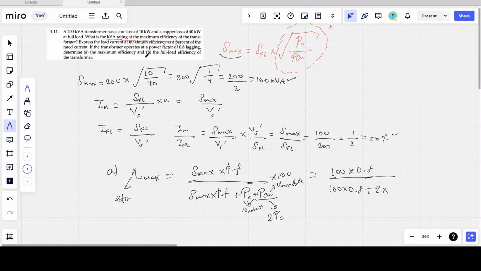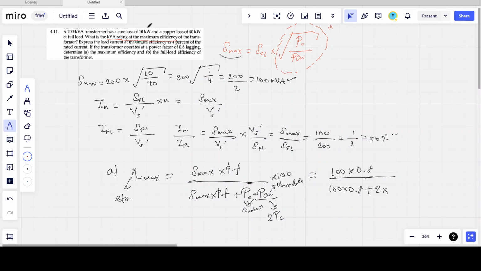Now, let me re-explain this. You see here, the core loss is 10 kilowatts, and the copper loss is 40 kilowatts. So which one do we choose? Do we choose the 10 or the 40? The concept is that we are going to adjust this guy such that it is equal to this guy.